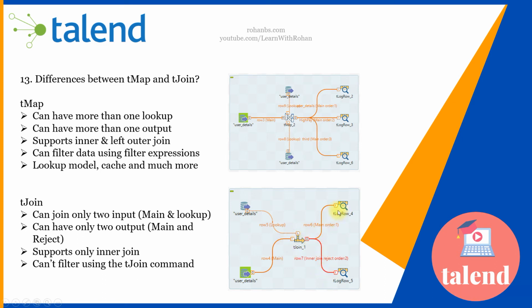You can have the main output and then the reject output. Compared to tMap, there is no possibility to add any expressions or filters. Based on that, you cannot filter anything in the tJoin. But tMap is robust. It can do multiple things at a time, and that's the reason tMap is being used widely.